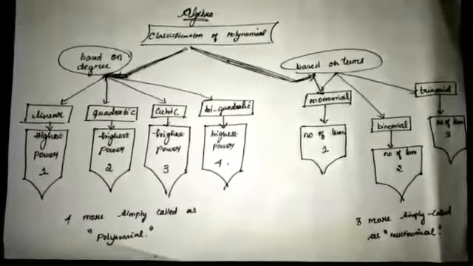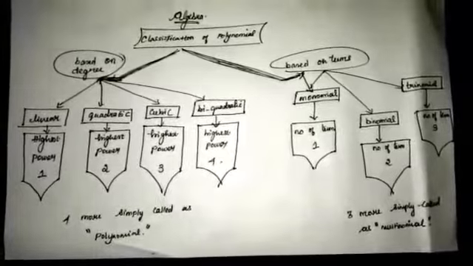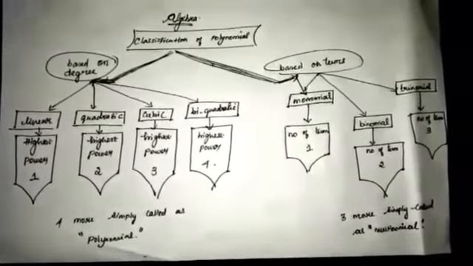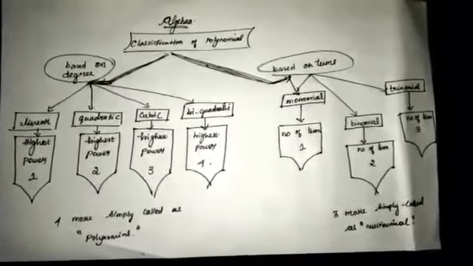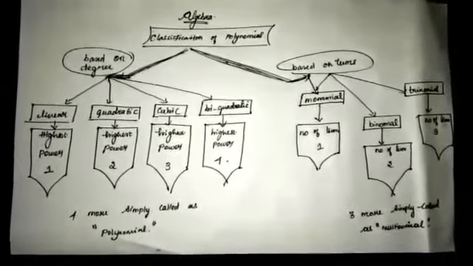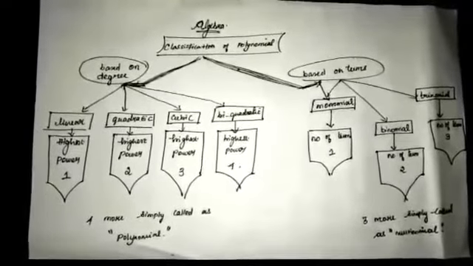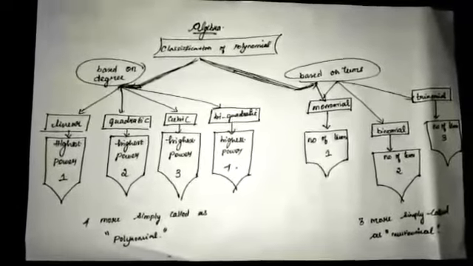I think this flowchart will help you remember how to name the polynomials, whether linear, quadratic, cubic, or biquadratic, or based on terms, monomial, binomial, and trinomial. Just look at this flowchart carefully and try to understand this classification of polynomials.